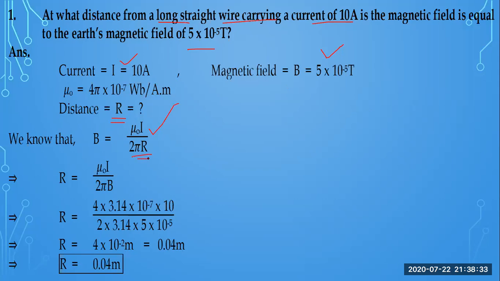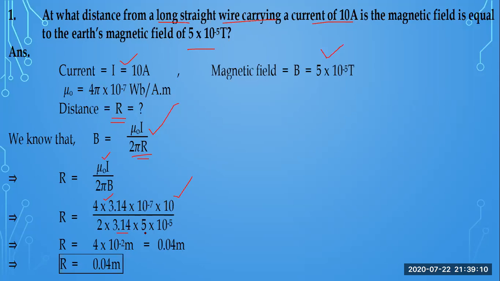Here is the formula. R is equal to mu naught I divided by 2 pi B, where B is the strength of the magnetic field. After putting in the values, mu naught is 4 pi multiplied by 10 to the power minus 7, the value of pi is 3.14, and the current I is 10 ampere.